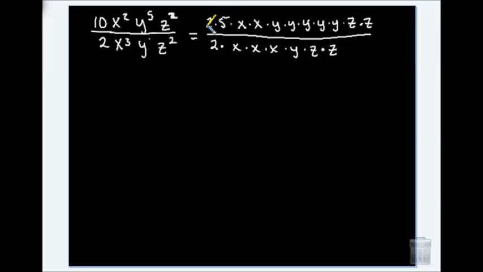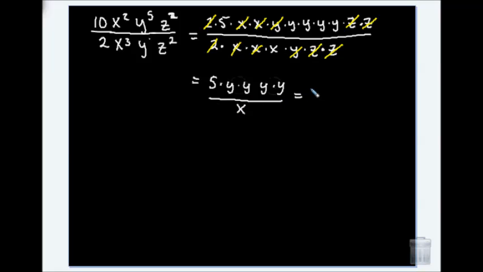My pairs that I'm going to cancel. And what I'm left with is 5, 1, 2, 3, 4 y's over x. Or I can write that as 5y to the 4th over x. Now you can see the expanding can get to be kind of annoying if you have a lot of exponents, right?